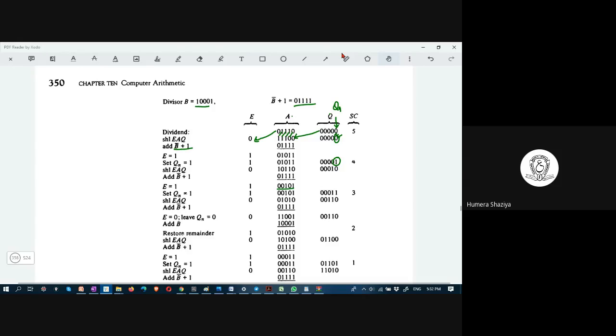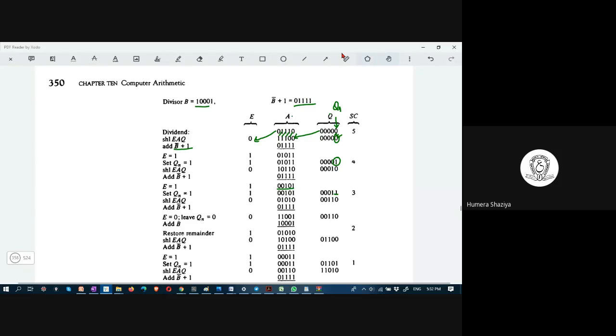This is our partial product, E equal to 1. Whenever there is E equal to 1, there is this 1 added to Qn, when A is greater than B.